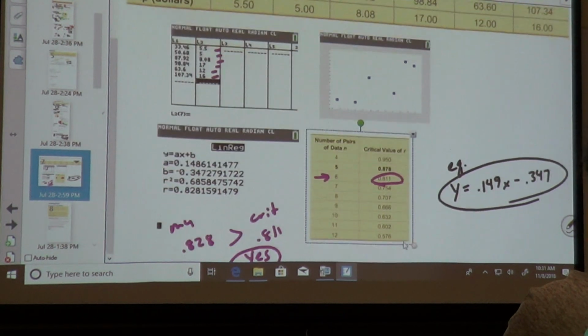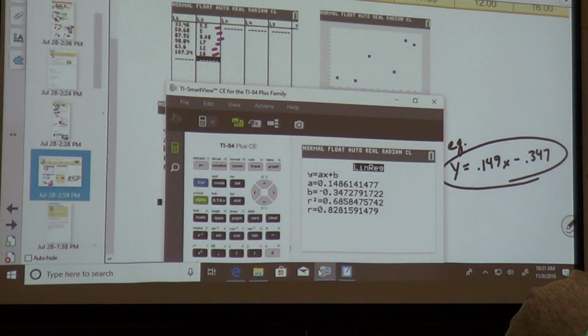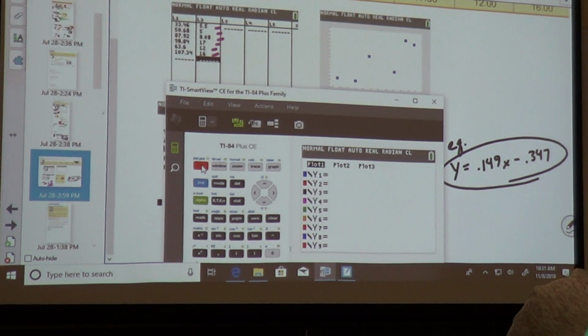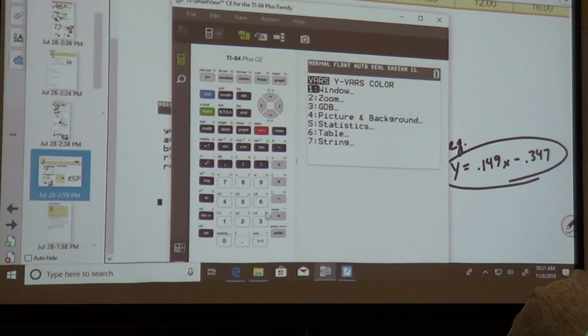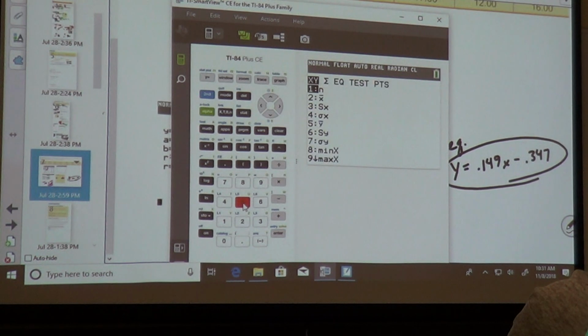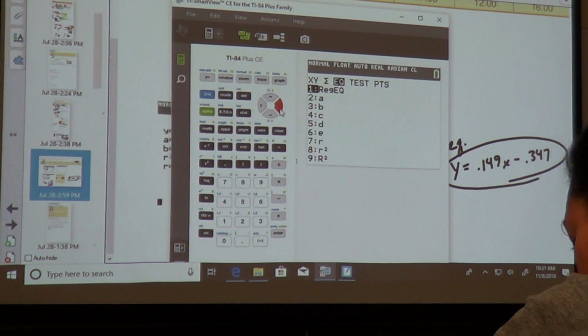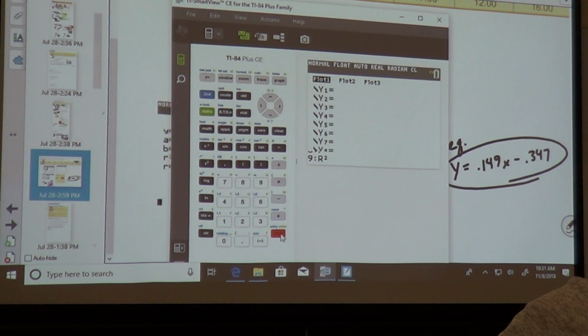So, let's go to the sucking over part. Where do I need to go first? To the Y equals, because that's where I'm putting it. Now, I'm sucking over a variable equation, so I go to vars. Where do I go next? Number 5, because I'm sucking a statistic equation over. Then I go to EQ because it's an equation, and I hit enter because it's a regression equation.